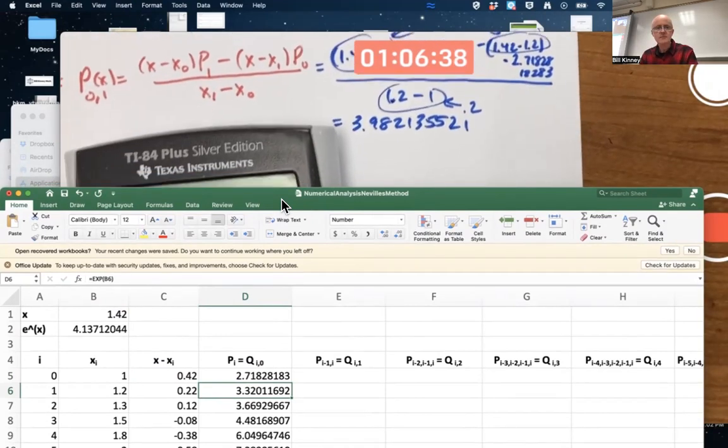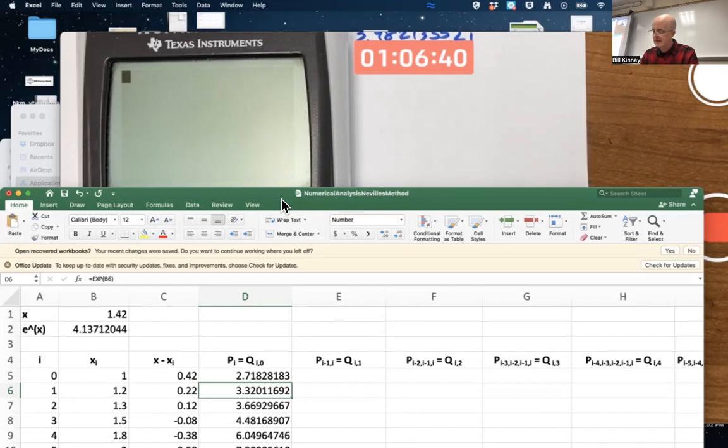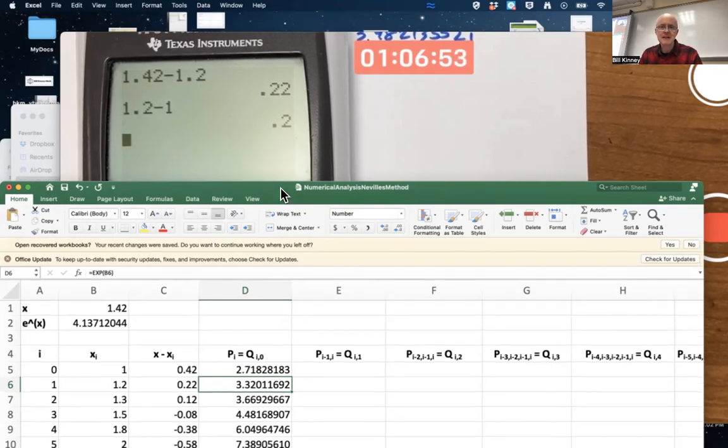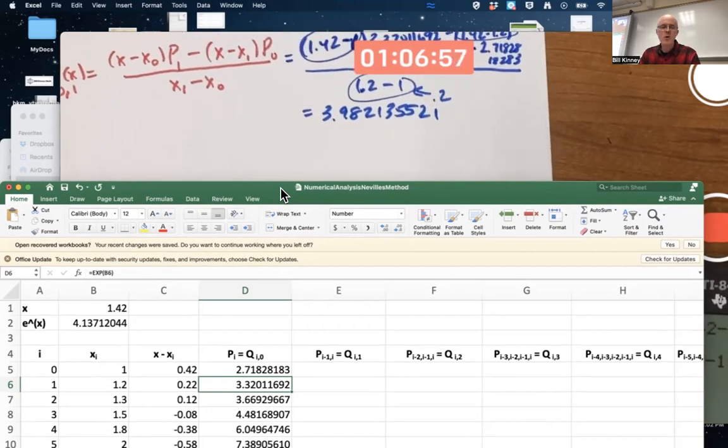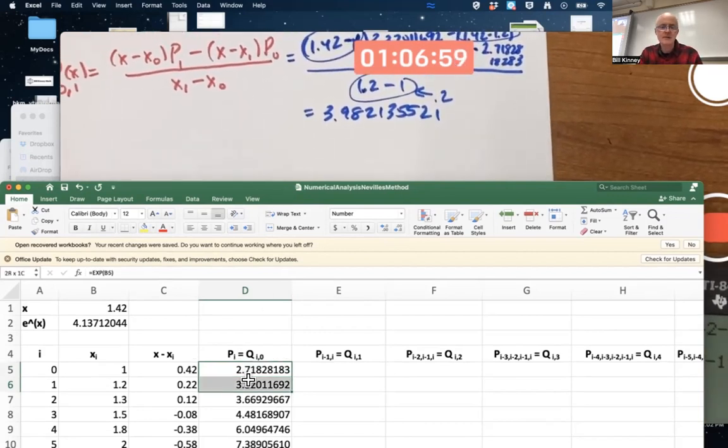And because 1.42 is further to the right of 1.2 as compared to 1.2 and 1, we should expect to get a number slightly more than the difference, adding the difference of these two numbers to this one.